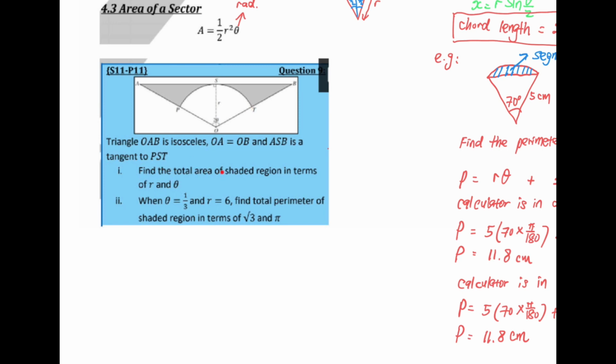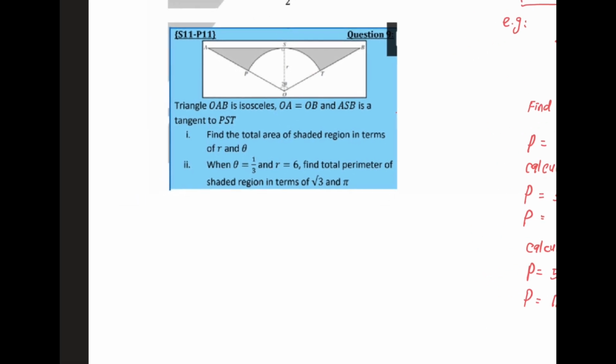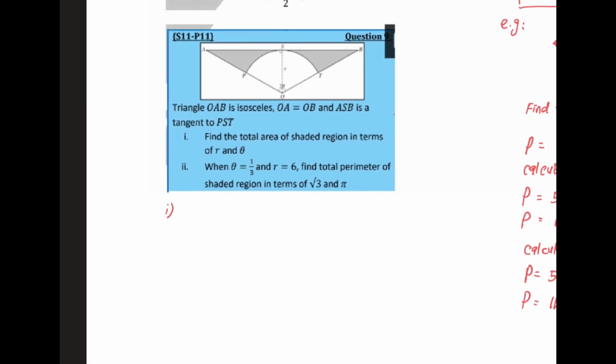Find the total area of the shaded region in terms of R and theta. So we have to take the area of triangle minus the area of sector. So this is the other way around. Okay, so we put it like this. The area, let's say I call it A, equal to 1 over 2.